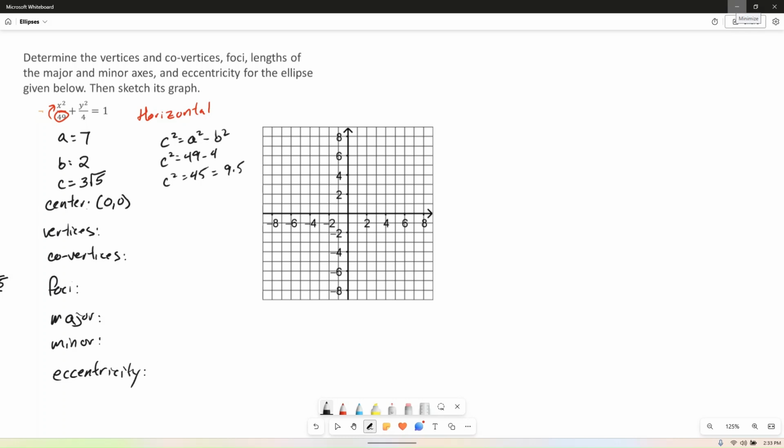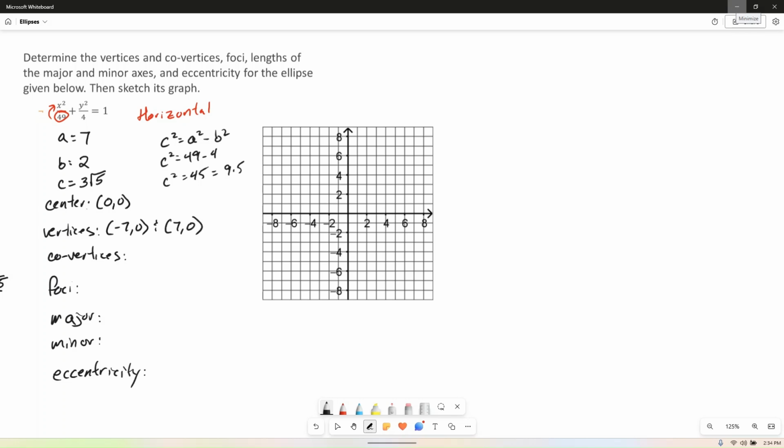The vertices are always measured from the center outwards a distance of A. Since this is a horizontal ellipse, the A value is the horizontal measurement. So from the center, we travel to the left and to the right a distance of 7. Our vertices are at (-7, 0) and (7, 0).